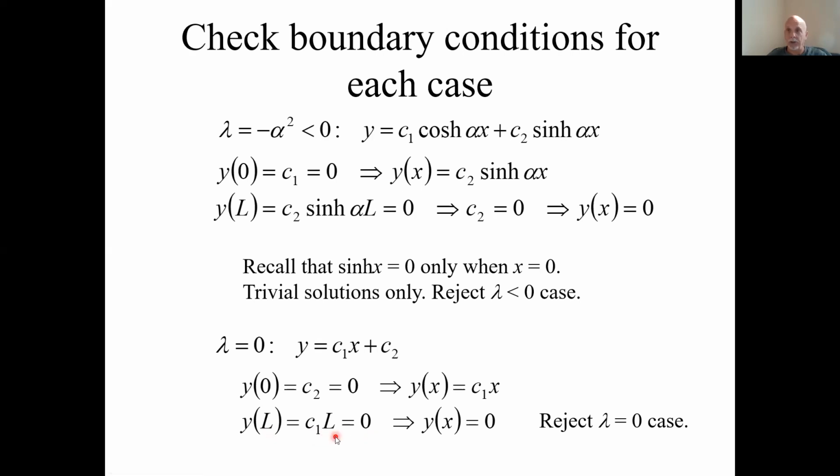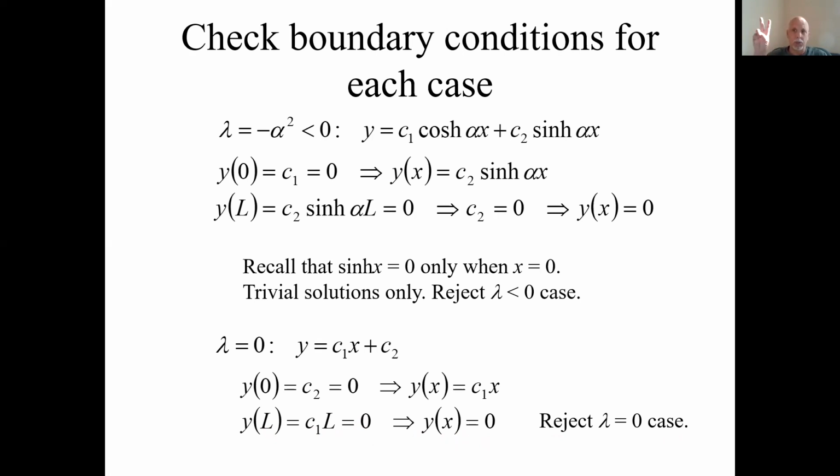L is not 0. We're assuming this length on x is not 0. L is something greater than 0. And again, that forces us to make C1 0, which makes the whole solution the trivial solution. So we reject that case as well.